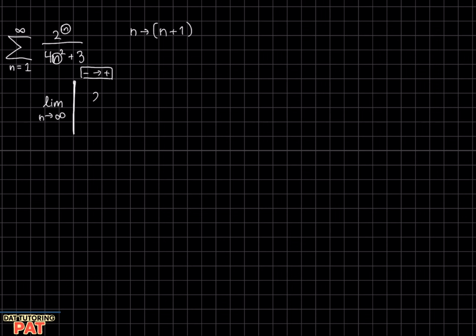So you're going to have 2n plus 1 over, and that's all going to be squared. Or not the 4, I'm being dumb.